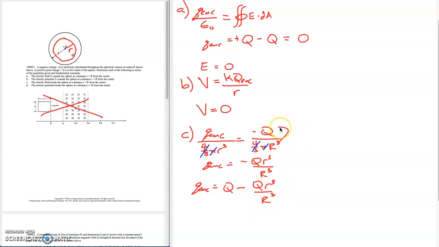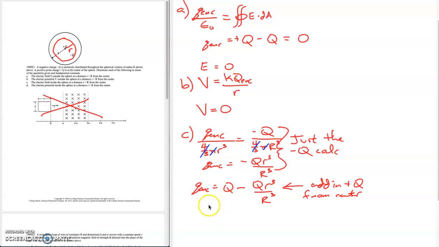So this is just the negative Q calculation, because now we have to add in the plus charge, add in plus Q from center.